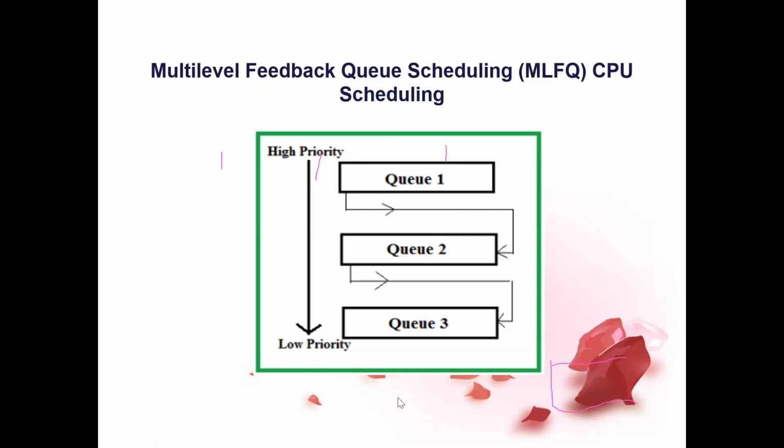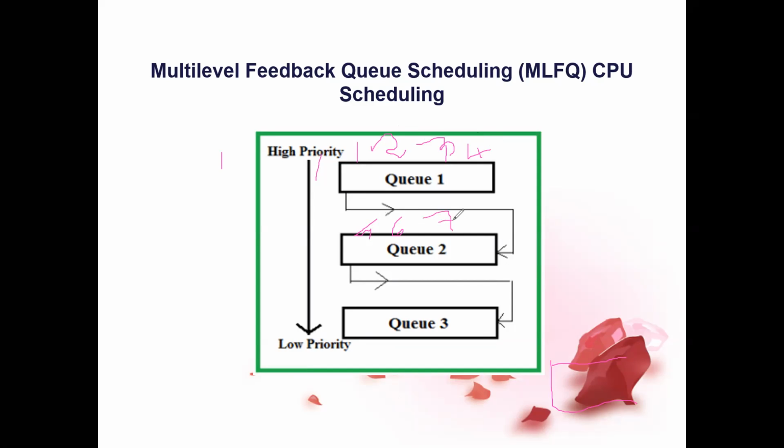So if I'm writing like this, I'm having process 1, 2, 3, and 4. Here I am having process 5, 6, and 7.